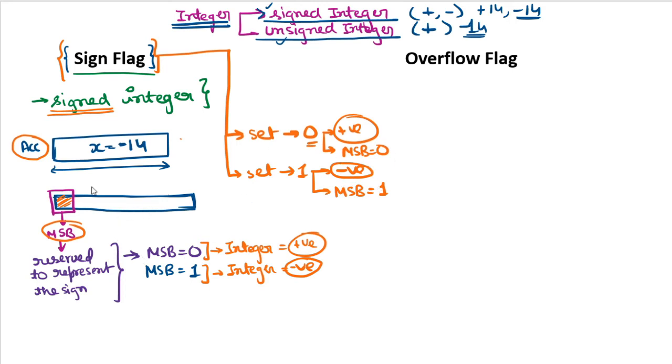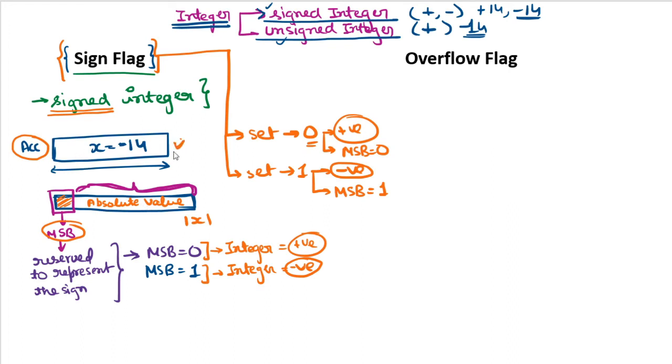Now the first, or the most significant bit, represents the sign, and the remaining part in a signed integer, we are talking about signed integer only, will represent the absolute value. What do we mean by absolute value? We mean mod of x.